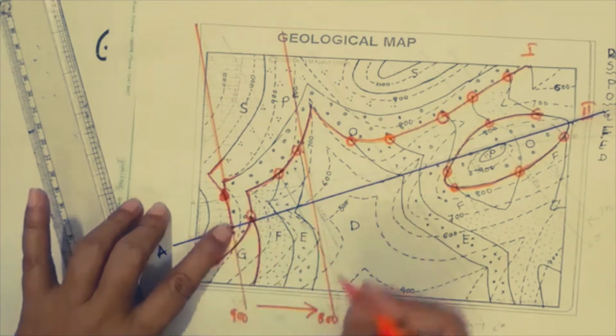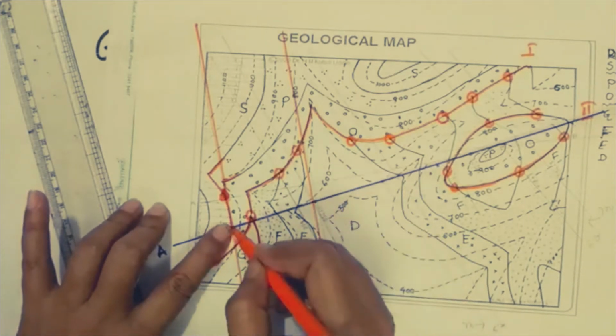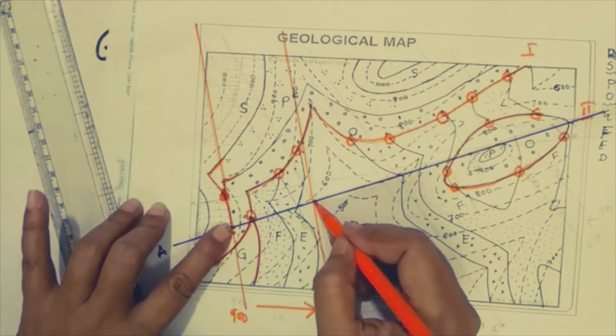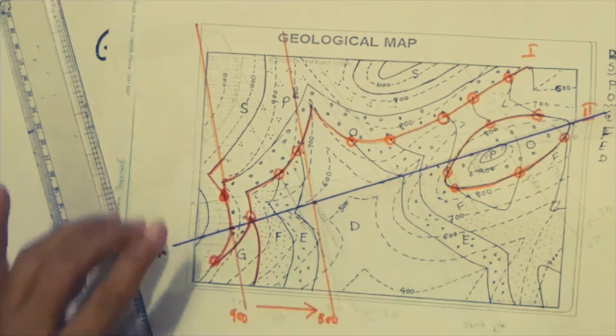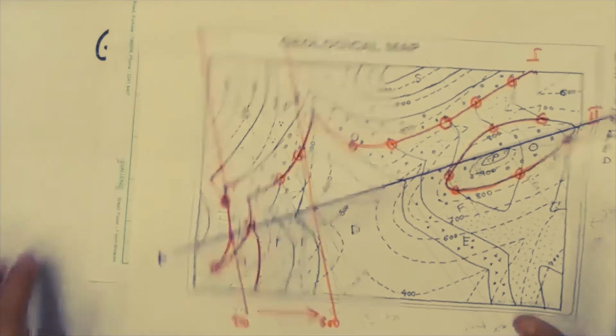This is the point of 800 feet. This is the point of 900 feet. This is the point of 800 feet. So go through the geological map of your map.